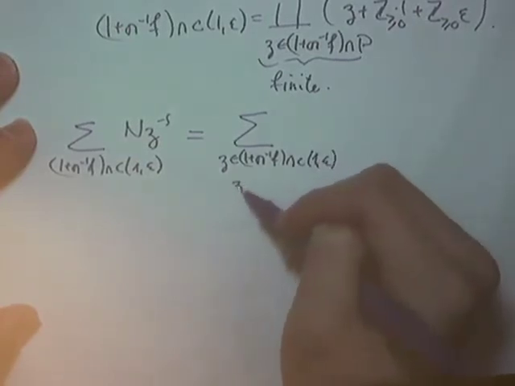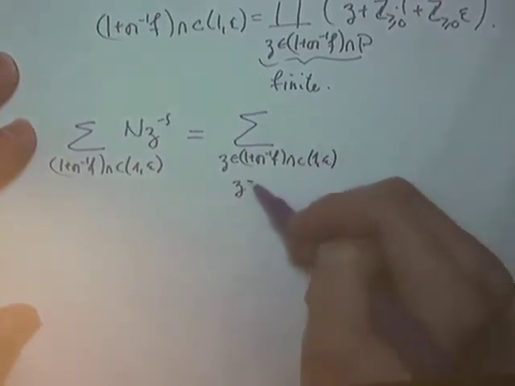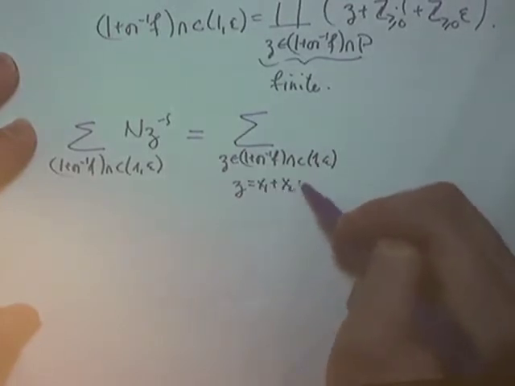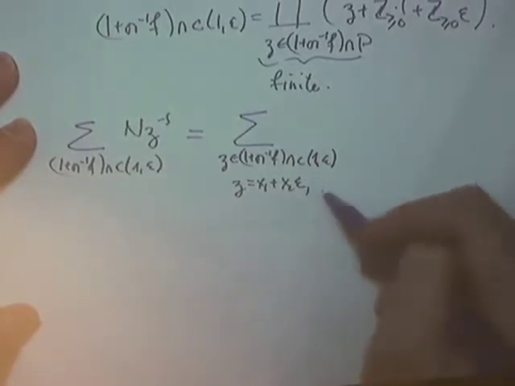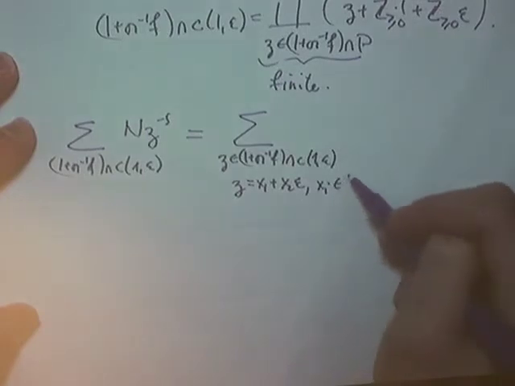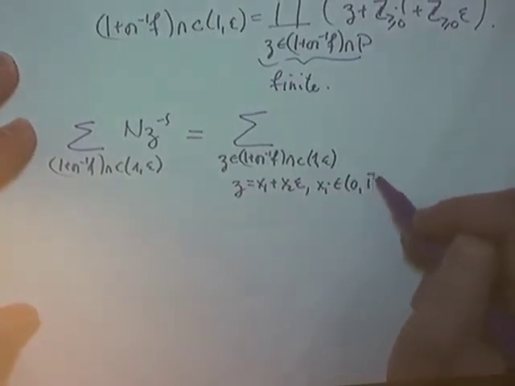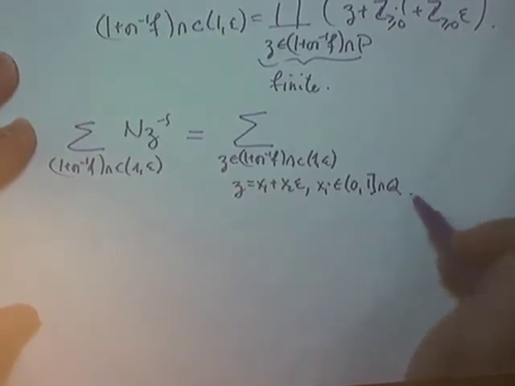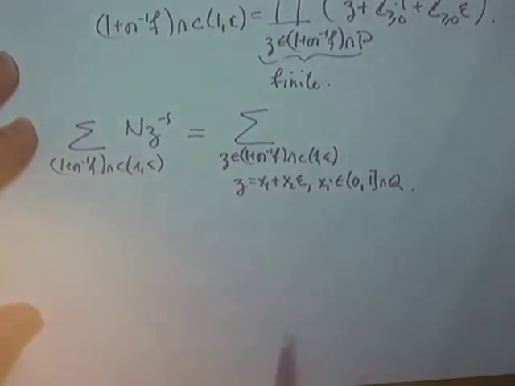But now I'm subject to the assumption that z can be written as x1 plus x2 epsilon, where xi is a rational number between 0 and 1. These subscripts on the sums are getting large.